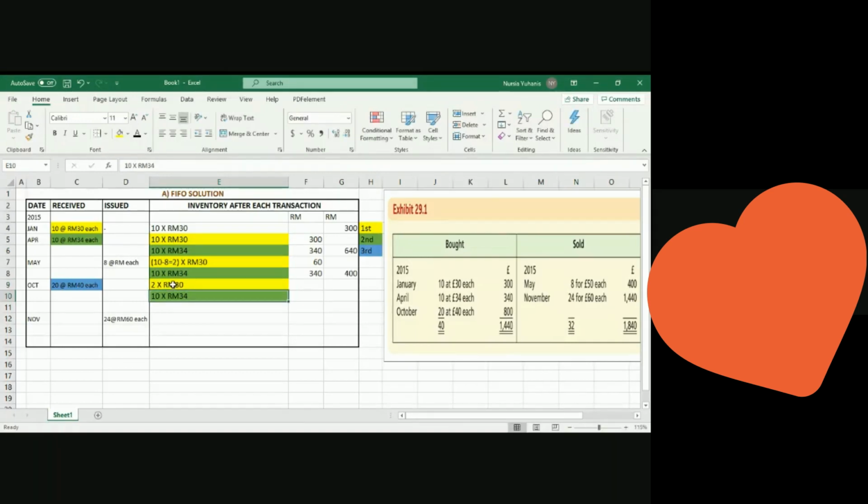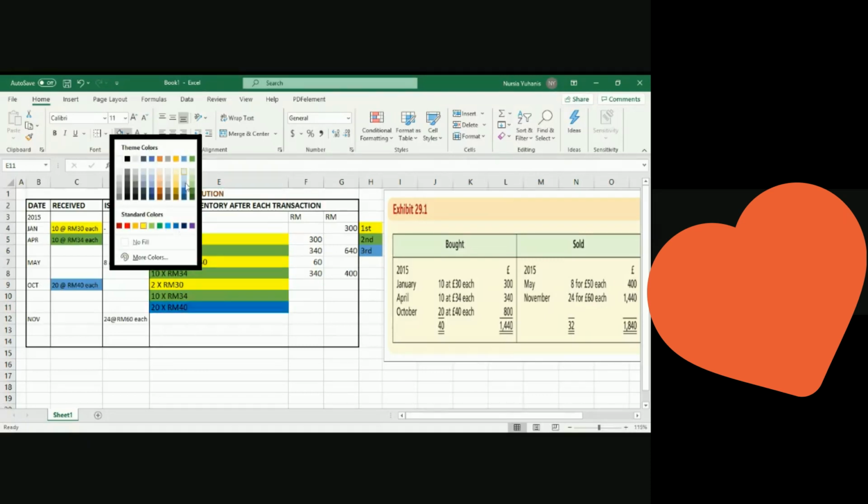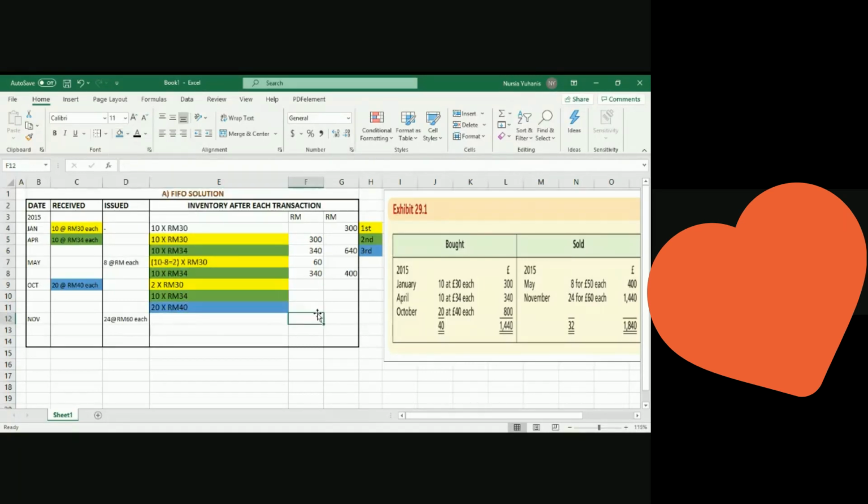So you have 2 for the first stock and 10 for the second stock, and now you have the third stock. This is the third batch that came into your company. So 20 multiplied by RM 40. This one I need to make blue.